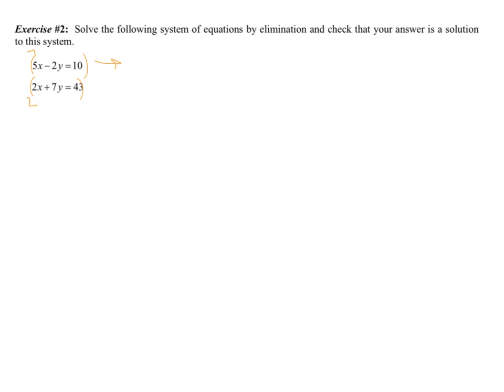So the top equation becomes, well, 7 times 5x is 35x. -2 times 7 is -14y equals, and 7 times 10 is 70. The bottom equation, 2 times 2 is 4x. We have positive 14y, and 2 times 43 is 86.